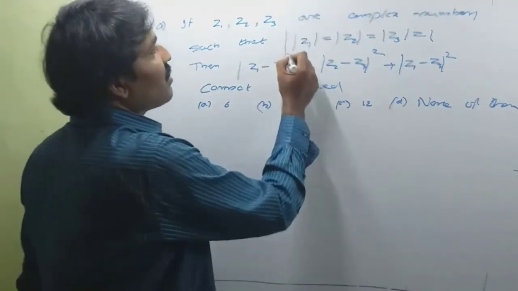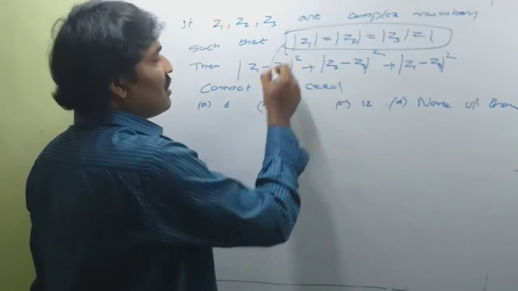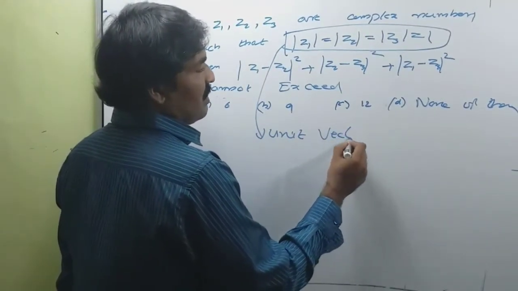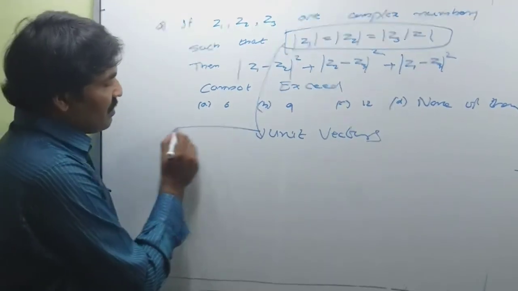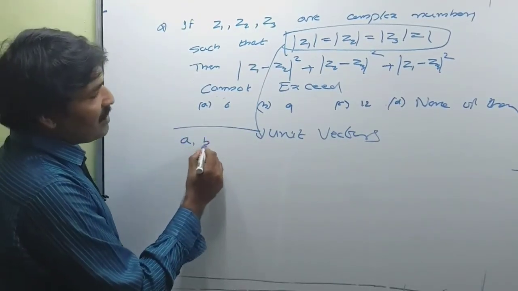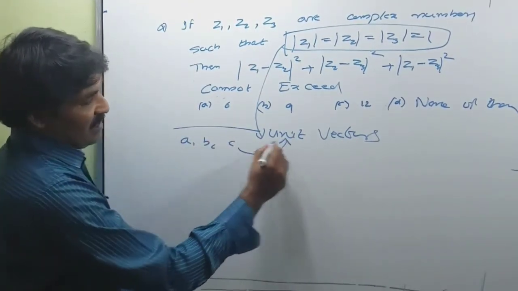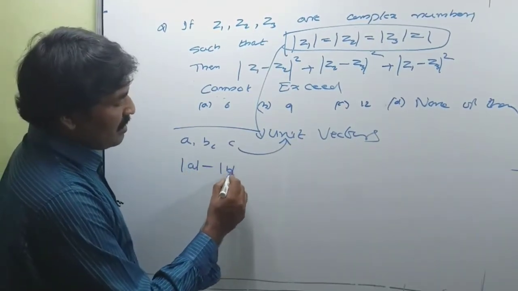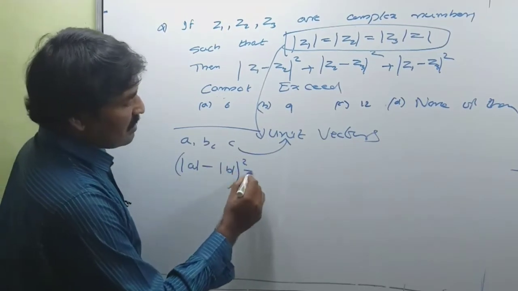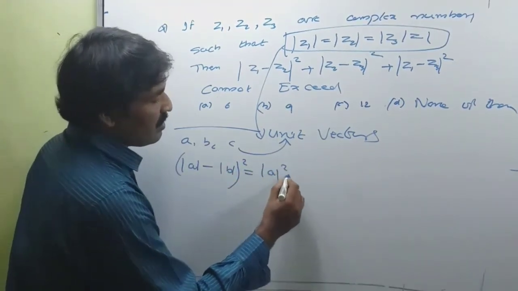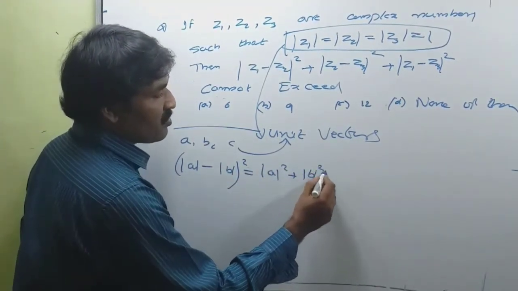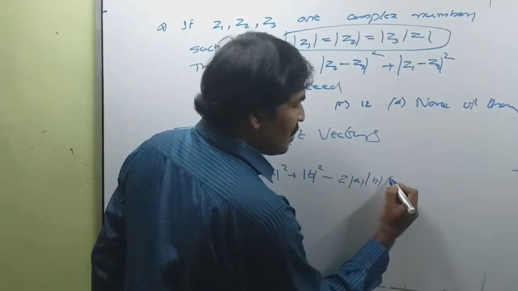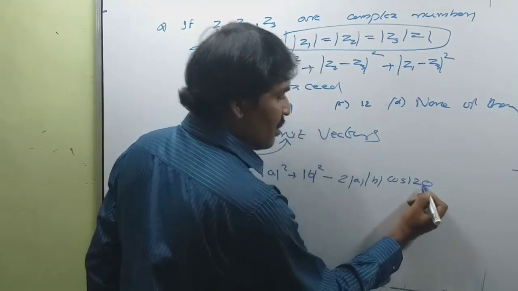So all of these have modulus equal to 1. So these all are unit vectors. If A, B, C are unit vectors, then mod (A minus B) the square is equal to mod A square plus mod B square minus 2 mod A mod B cos 120.